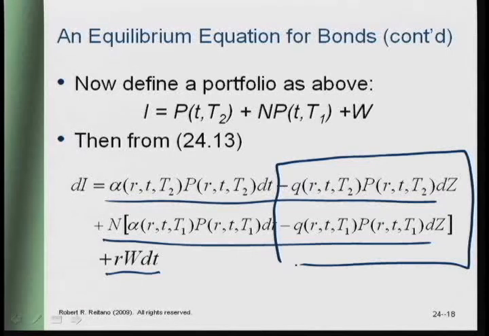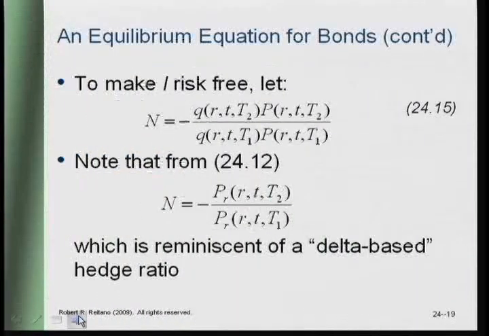You can see there has to be a relationship between the Q P value at time T2 and N times the Q P value at time T1. Indeed, the algebra says that N is negative this ratio. If we go back and look at the definition of Q, N is basically a ratio of R derivatives.